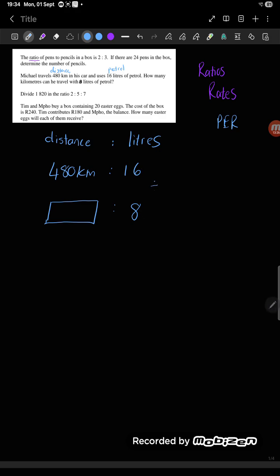You're right, I divided by 2. And what I do to the one side, I do to the other, and I divide it by 2. So he got 240 kilometers for 8 liters of petrol. Okay, so ratios and rates.